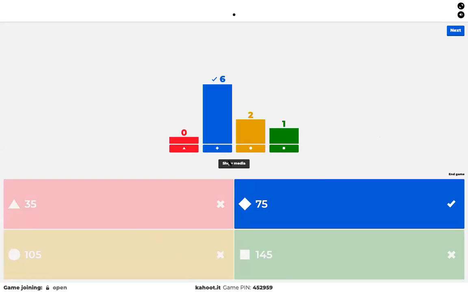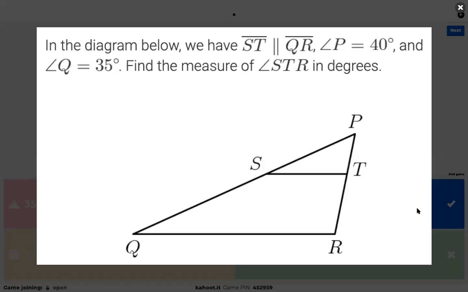Okay, nice. And we use the fact that ST and QR are parallel and PR is a transversal to get STR.